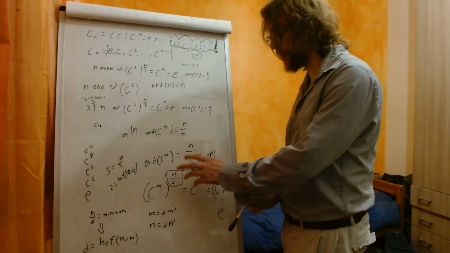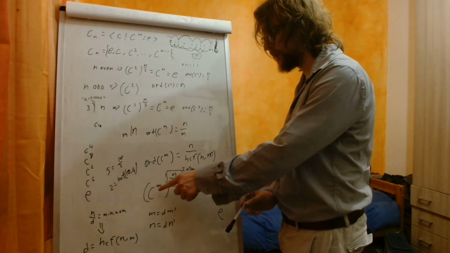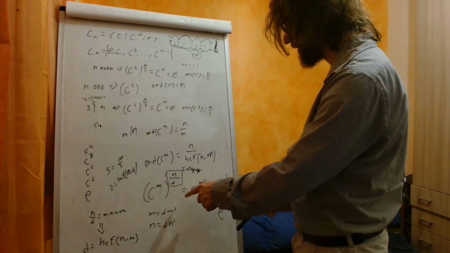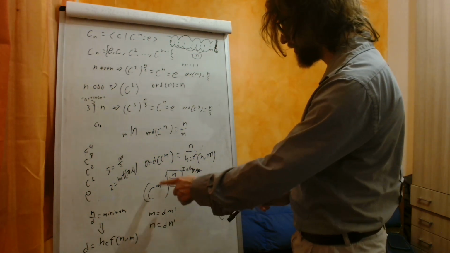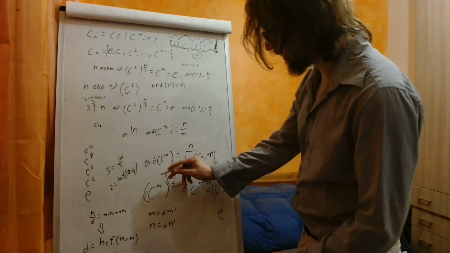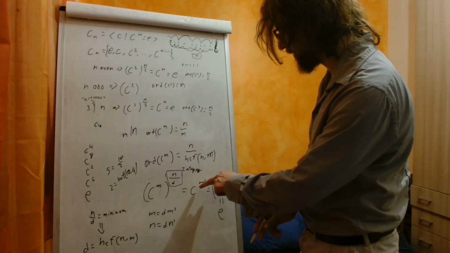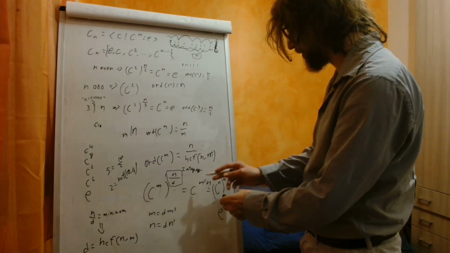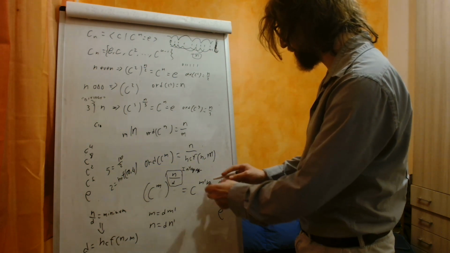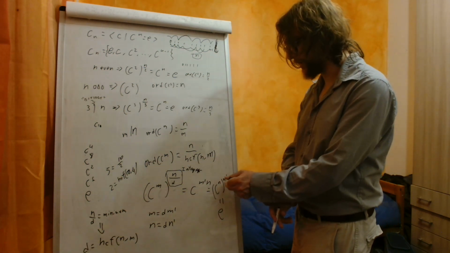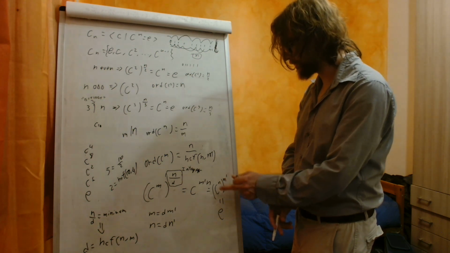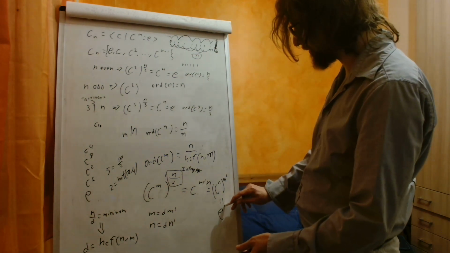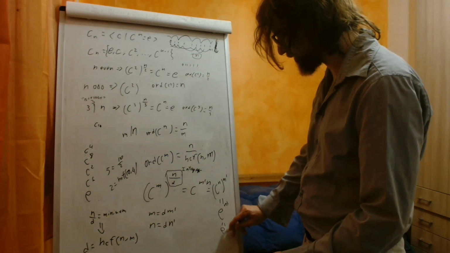So it can be an exponent, so we can exponentiate c to the m to n divided by d, and by writing m equals d times m prime, d and d cancel out, and we have c to the m prime times n, which we can invert, the m prime with n, and we have c to the n to the m prime, which is e to the m prime, which is e, the identity.